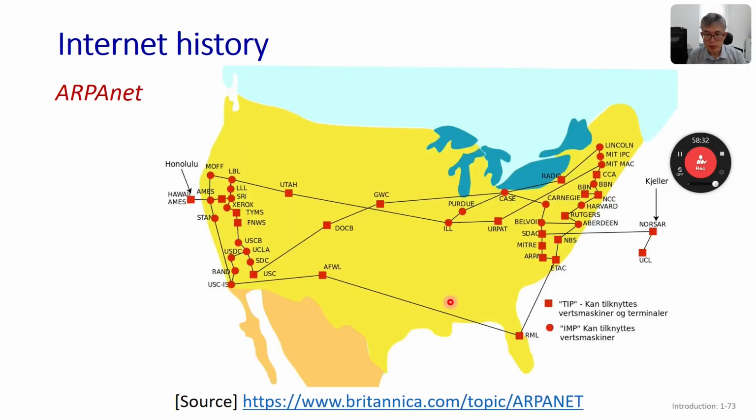So this is ARPANET. Honolulu in Hawaii, and we have USC, University of Southern California, UC universities, and the University of Utah, and Purdue University, and MIT, and Carnegie Mellon, Rutgers, and so on. So usually at the beginning, ARPANET interconnected university networks and some research labs.